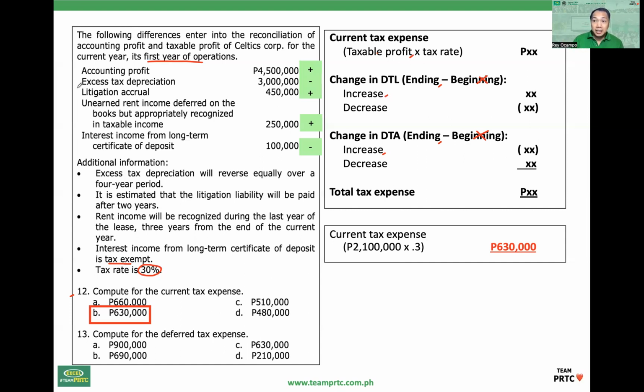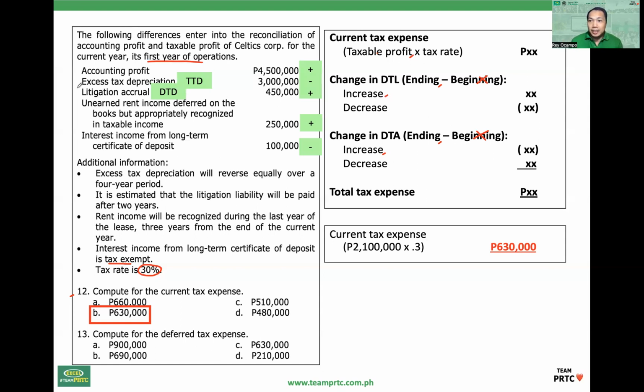So, increase in taxable profit later, T, T, T. So that one is taxable temporary difference. Litigation accrual, expense yan later sa tax when paid. Anong effect sa taxable profit? Decrease. So D, TD.